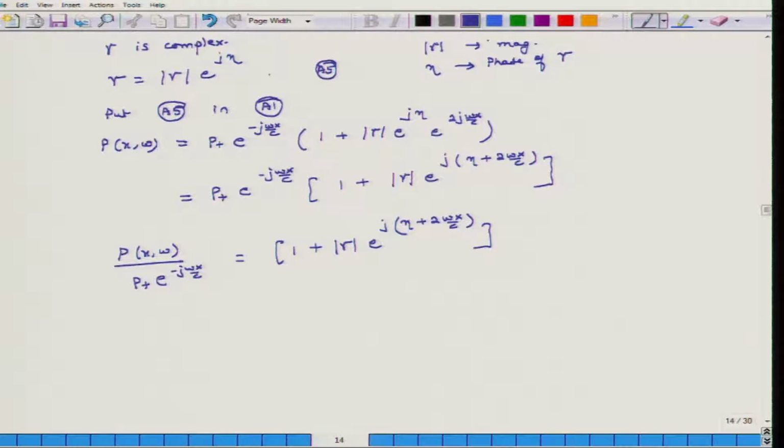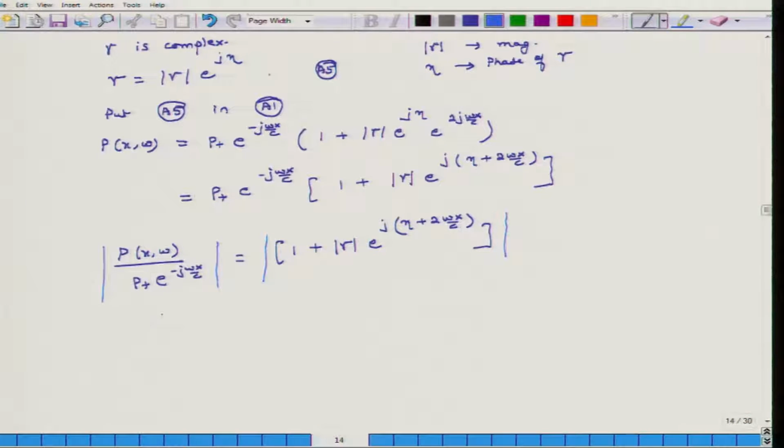Now, I want to understand what is the magnitude of the left hand side of this equation. So, the magnitude of the left hand side is the same as the magnitude of the right side. The other thing I would like to note is that the magnitude of the left side is magnitude of numerator divided by magnitude of denominator, and the magnitude of denominator is magnitude of P plus times magnitude of e to the power of minus j omega x over c, but magnitude of e to the power of minus j omega x over c is 1.